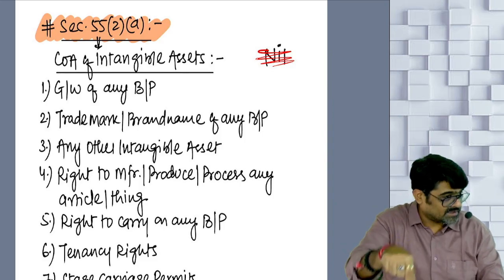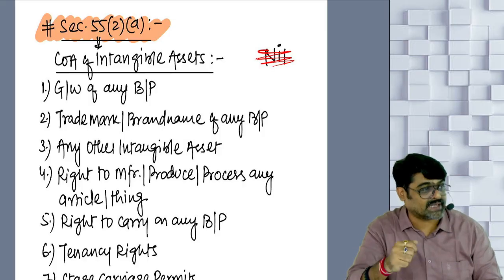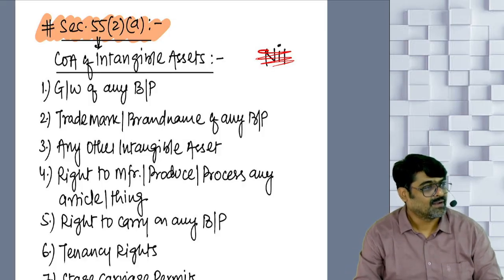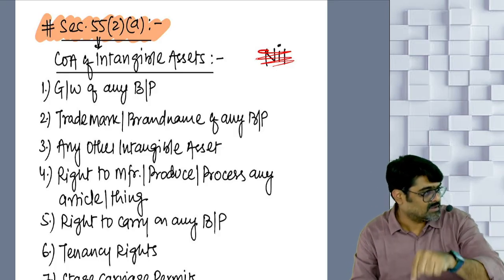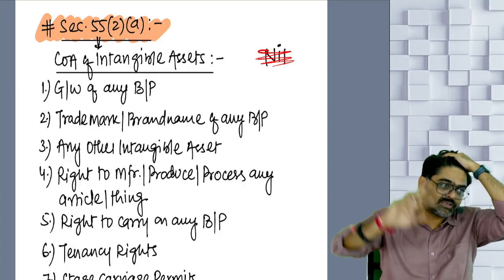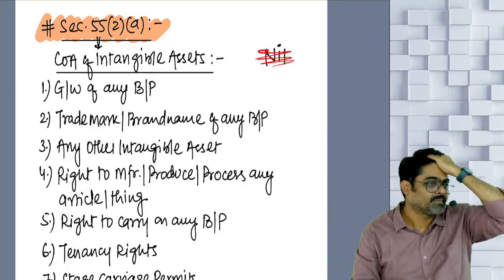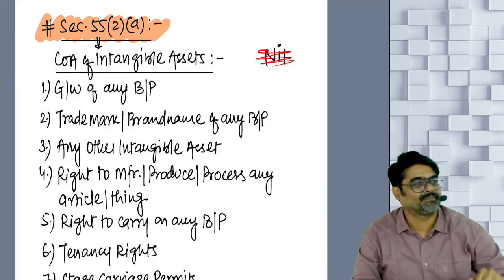I wrote also and I cancelled also. So you cannot force me to take the cost as nil. Both started fighting very heavily. And the case reached the Supreme Court. And the Supreme Court gave the judgment in favor of the assessee.